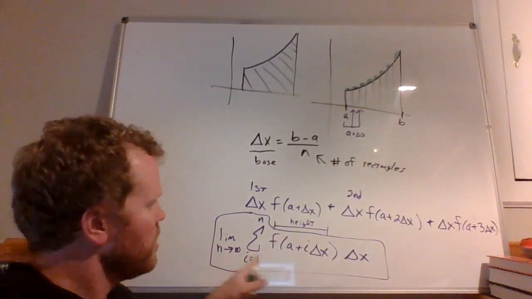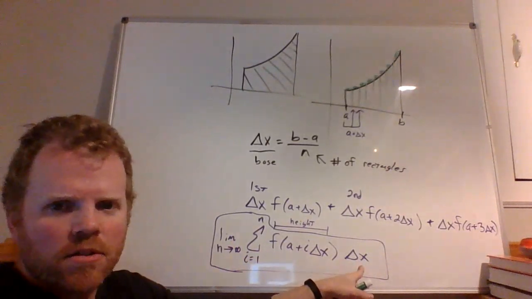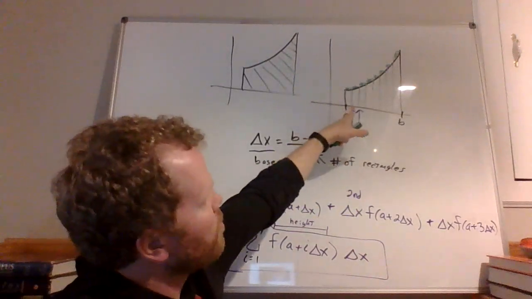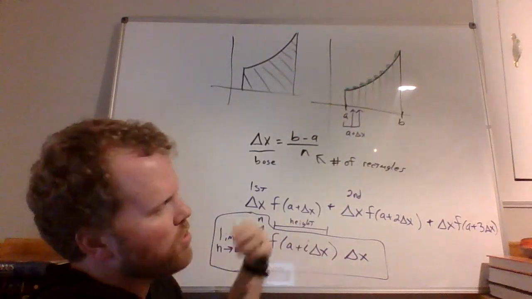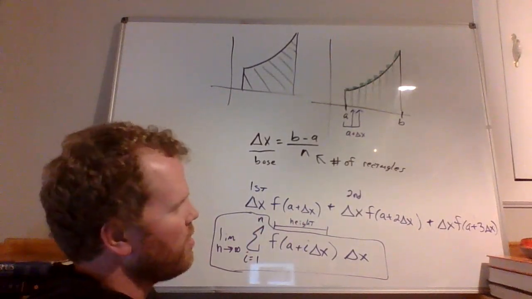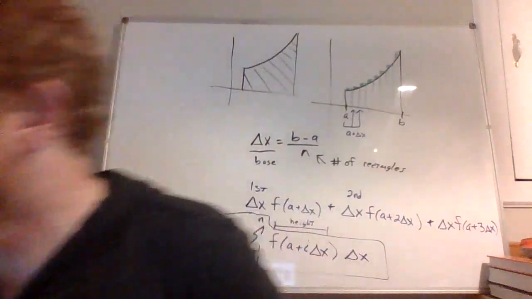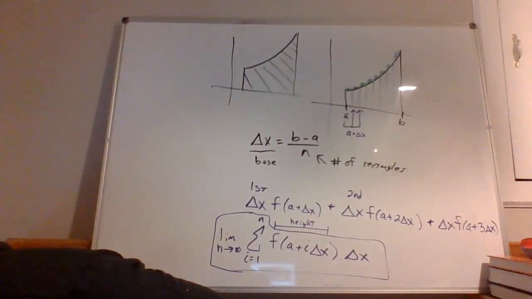Infinity rectangles. This is the height of each rectangle. That's the base. You start at a, move over 1 delta x to get the first rectangle, 2 delta x's to get the second rectangle, 3 delta x's to get the third rectangle, etc. So that's going to take us to finding the exact area under a curve by sheer will and determination.